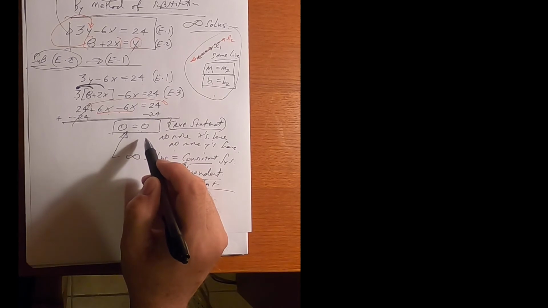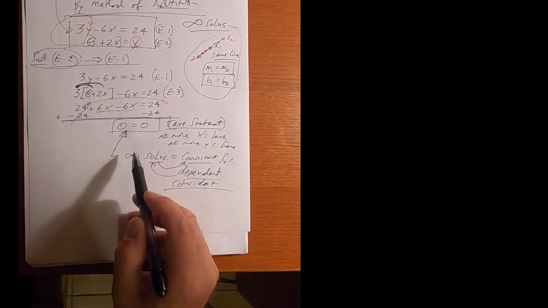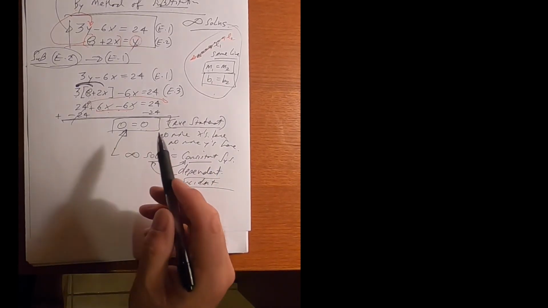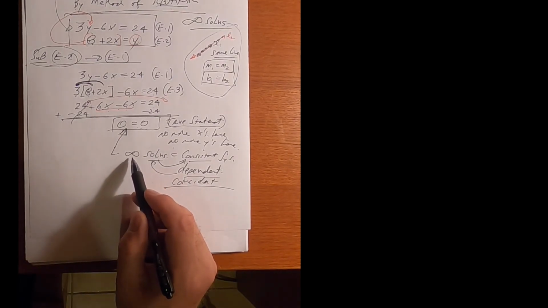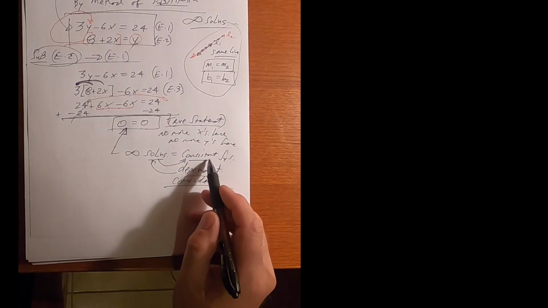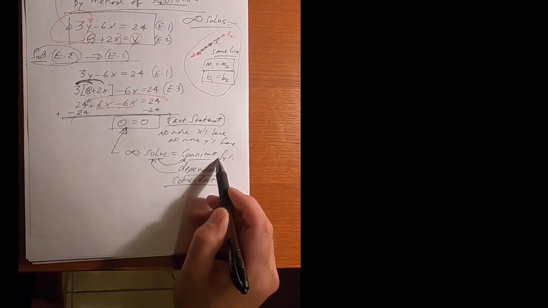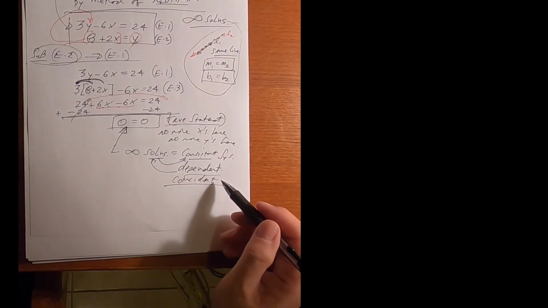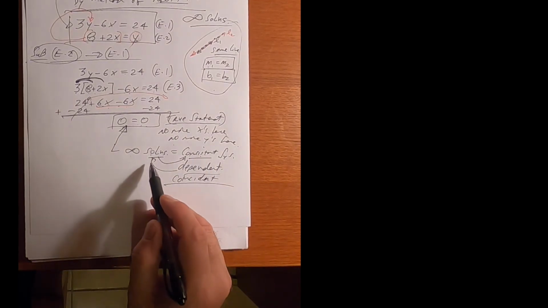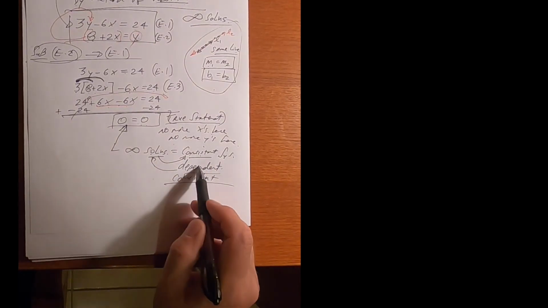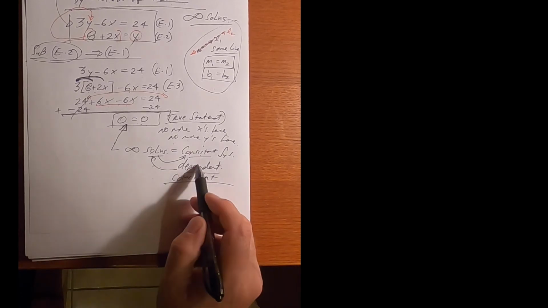In this case, we get 0 equals 0. Okay, that means you have infinite solutions. It's a consistent system. Why? Because you have a solution, so it's consistent, but it's dependent. It's not independent. It's dependent.